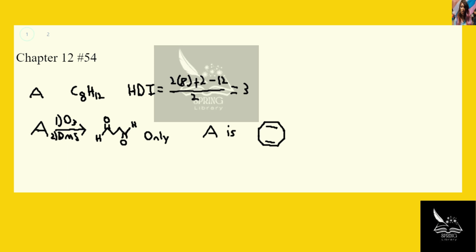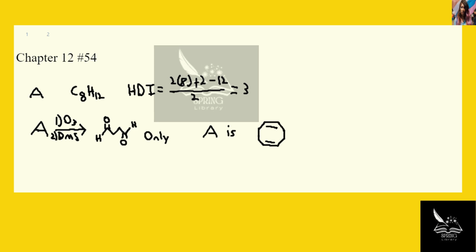The information that we're given for molecule A is that its formula is C8H12, and that ozonolysis of molecule A gives us this dialdehyde right here, and only this dialdehyde.